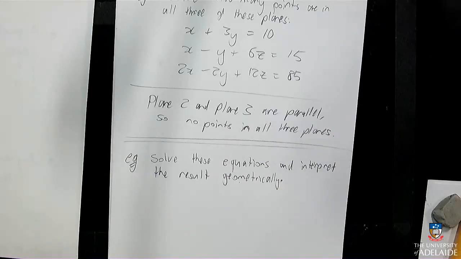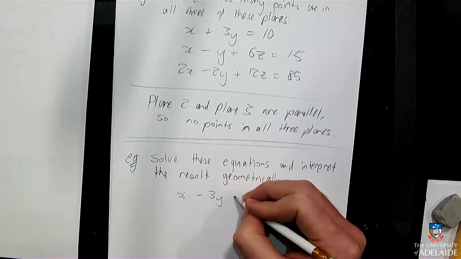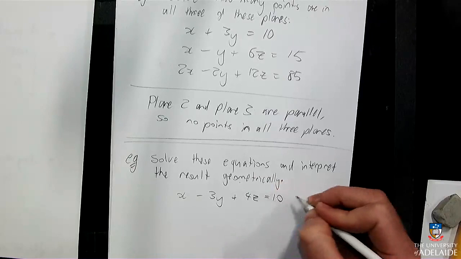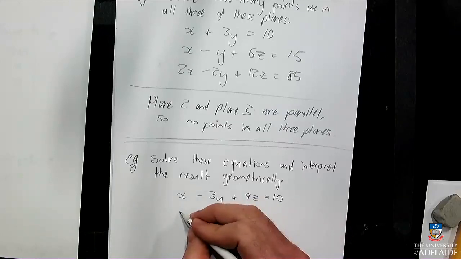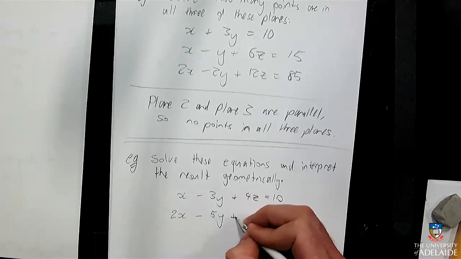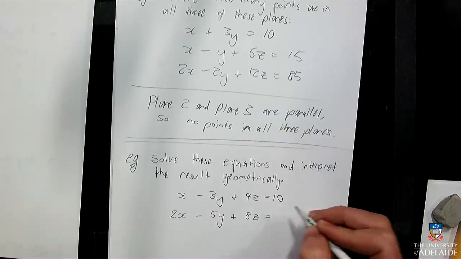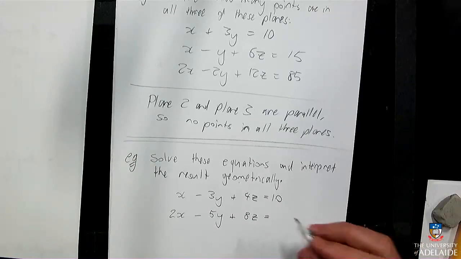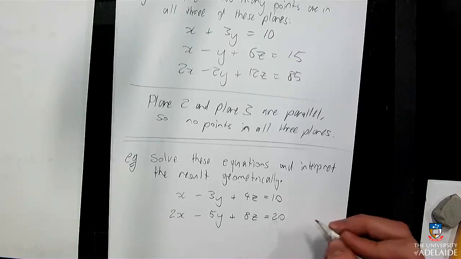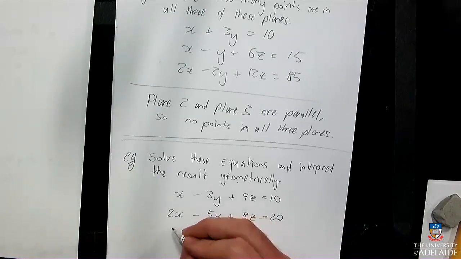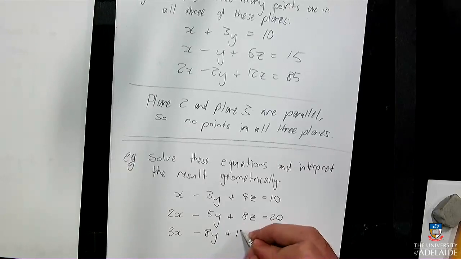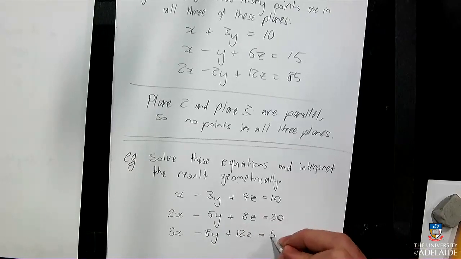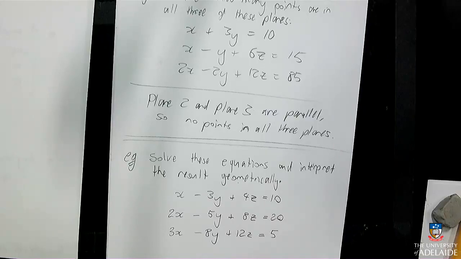Okay. x - 3y + 4z = 10. 2x + 5y + 8z = 20. And 3x - 8y + 12z = 5. Okay.